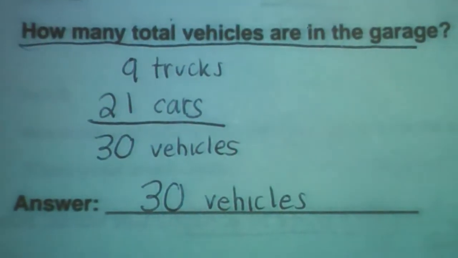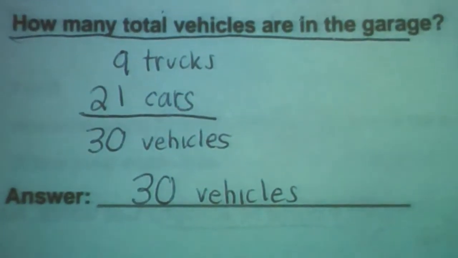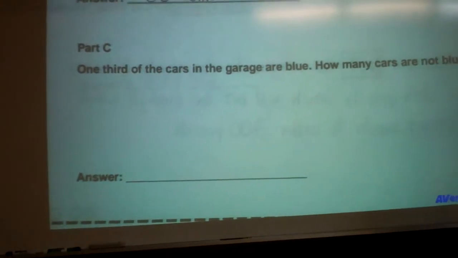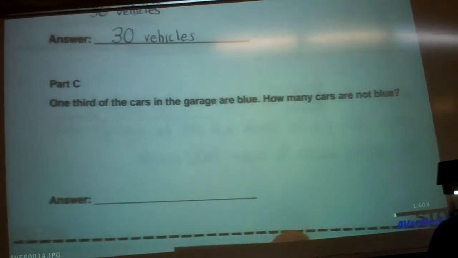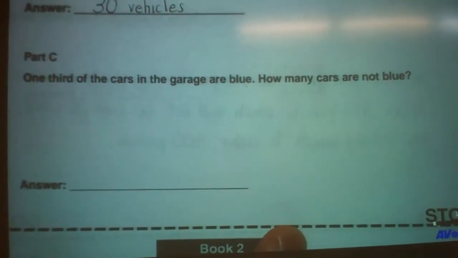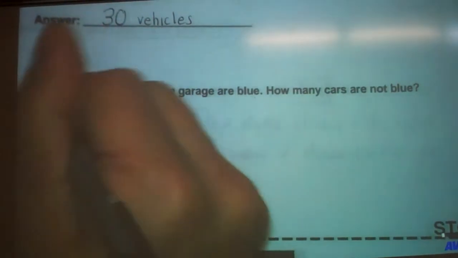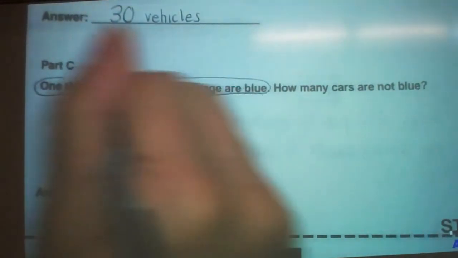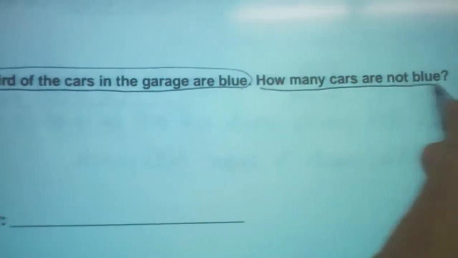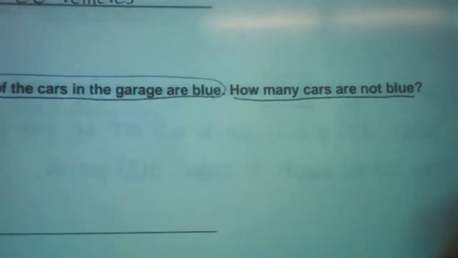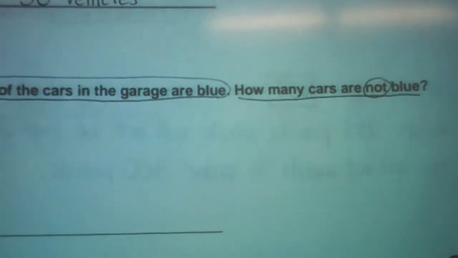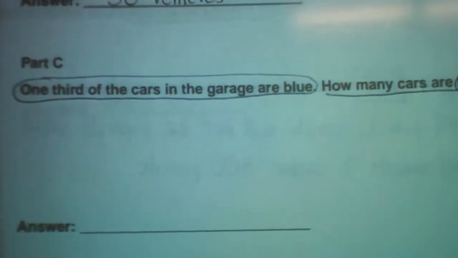The last part was by far the trickiest. You have to read it super carefully. It says 1/3 of the cars in the garage are blue. How many cars are not blue? So I see that word not, that's going to come into play in a minute. But 1/3.